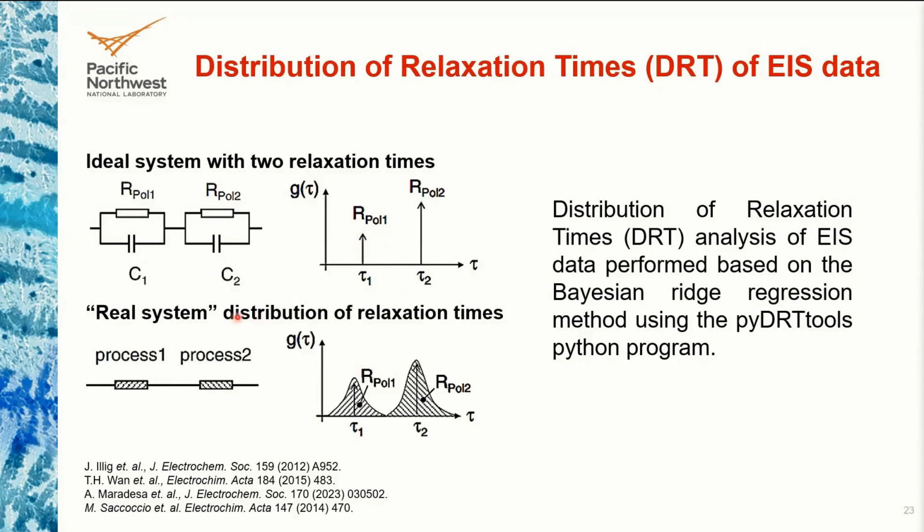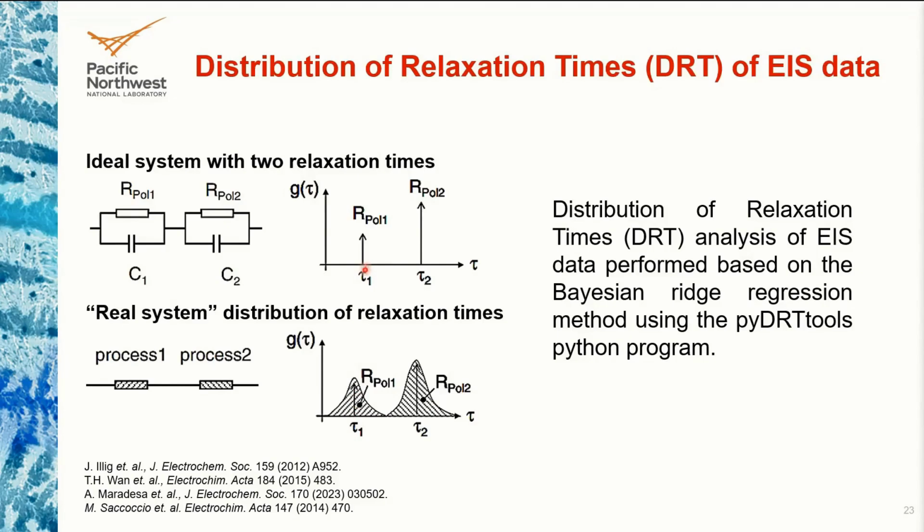However, when we do a distribution of relaxation time analysis based on a Bayesian approach or any other analysis method, under tools like the pyDRT tools, which is basically a free Python platform, you can also generate a distribution of each time constant.